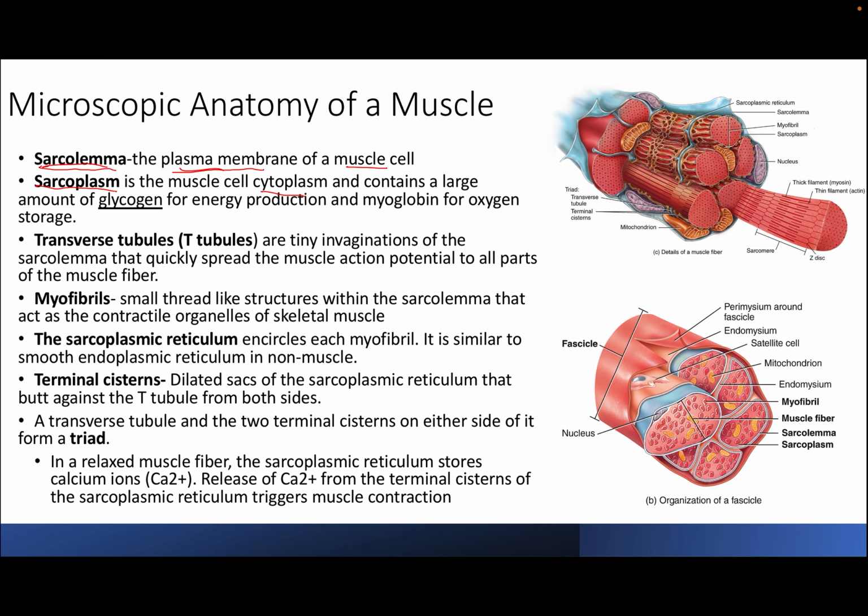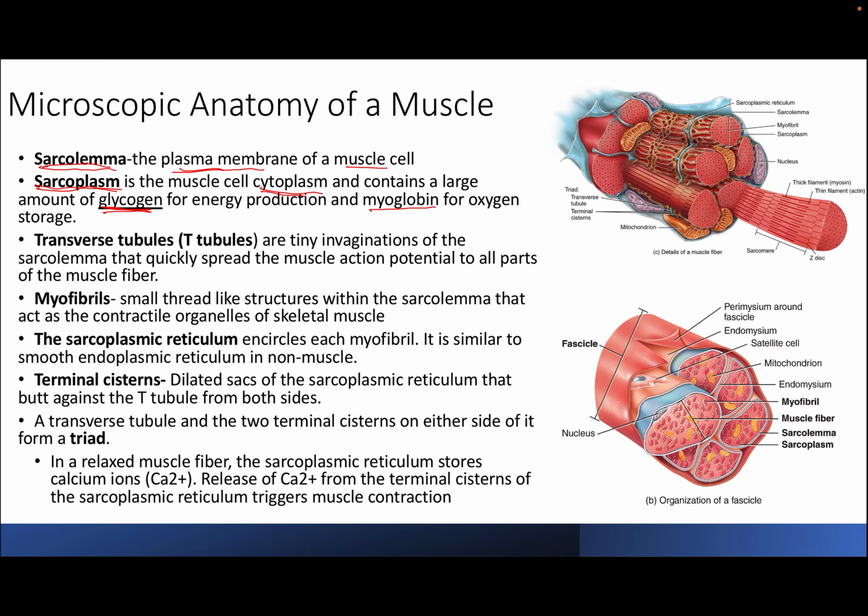So the sarcolemma is the plasma membrane, and the sarcoplasm is our cytoplasm, and it's typically going to contain large amounts of glycogen, fantastic for energy production. We're also going to see a good bit of myoglobin stored within the sarcoplasm. This is just another oxygen-binding molecule, kind of similar to hemoglobin.